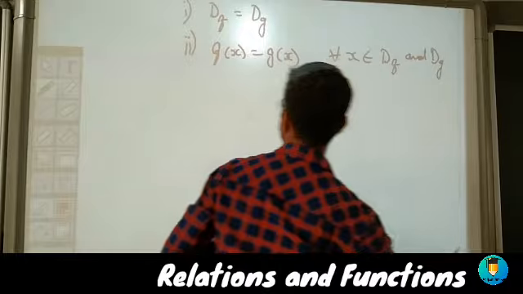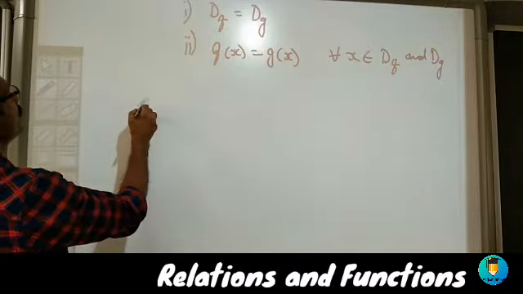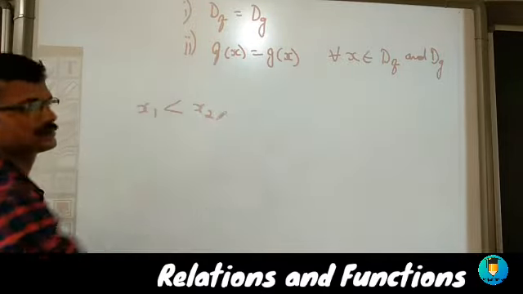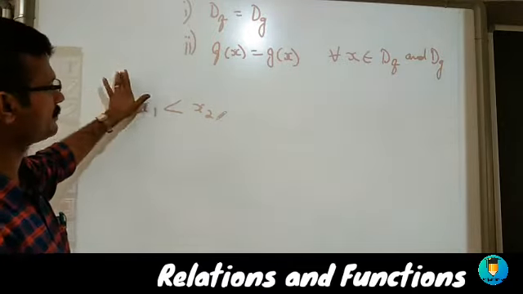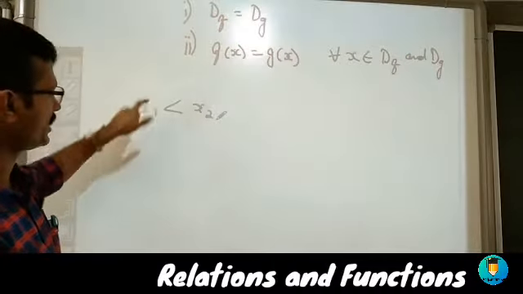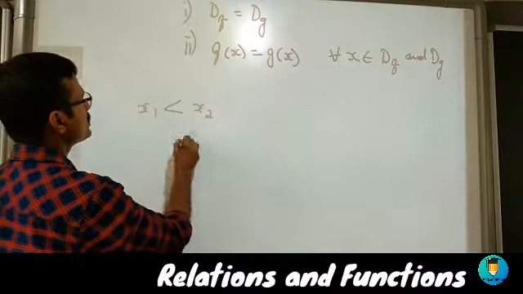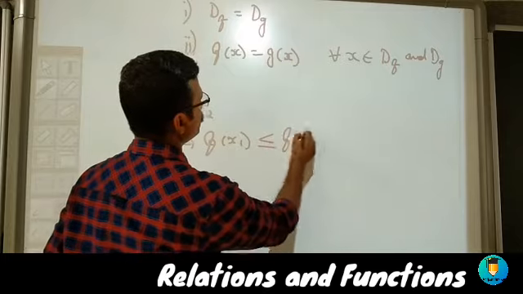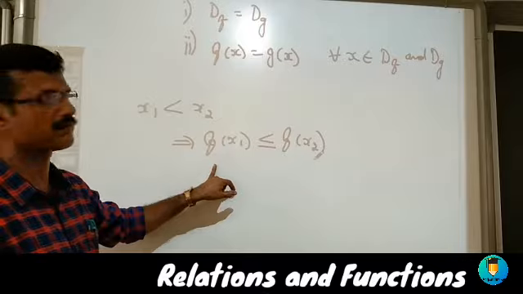Let f be a function defined from X to Y, and x1, x2 belong to X and x1 is less than x2. If f of x1 is less than or equal to f of x2, then we can say that the function is an increasing function.